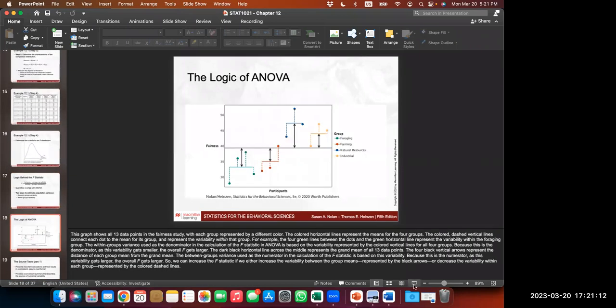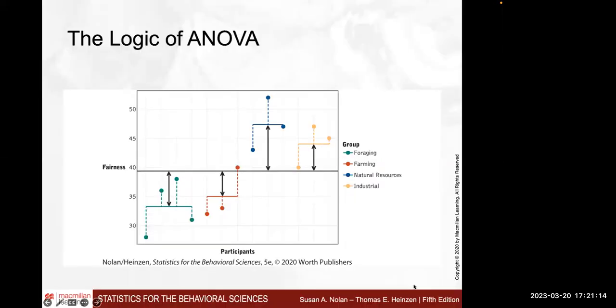So what does this mean? I mentioned it before, and this is one of the best graphs depicting that. I really like this graph. I even showed it to my graduate students. It illustrates it very nicely. We have 4 groups: foraging, farming, natural resources, and industrial.